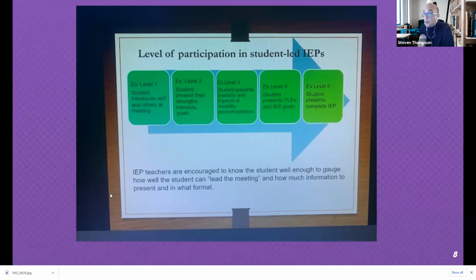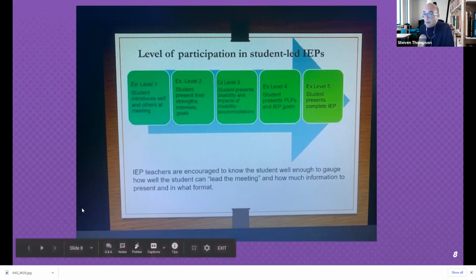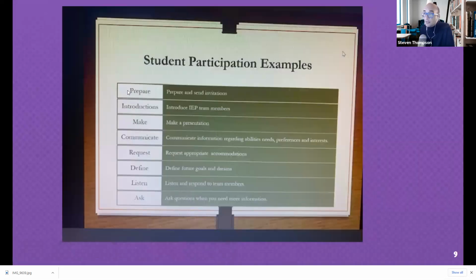But there are students who can do any one of these levels, and we're going to learn how to find that out. So here are some examples of what that participation can be like, and here's how you can break it out and define it when you want to work with a student. So they can prepare and send the invitations, or they can make introductions. They can introduce the team members. They can make a presentation.